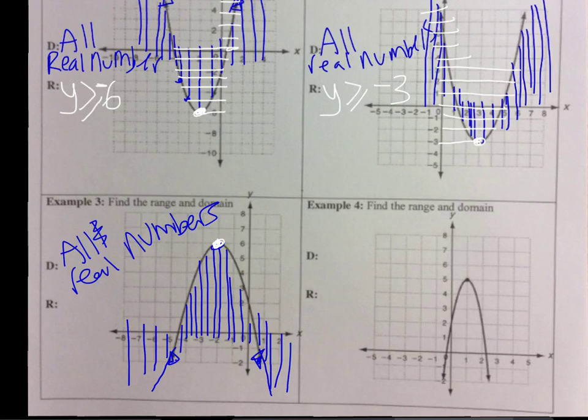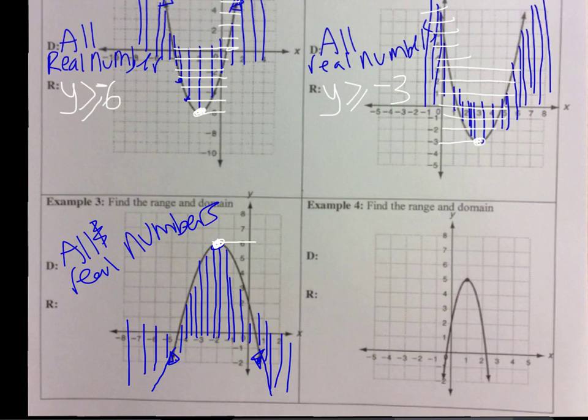The vertex is right here where both the left side and the right side meet at a peak. Since the parabola is facing down, we learned yesterday that this will be a maximum point.